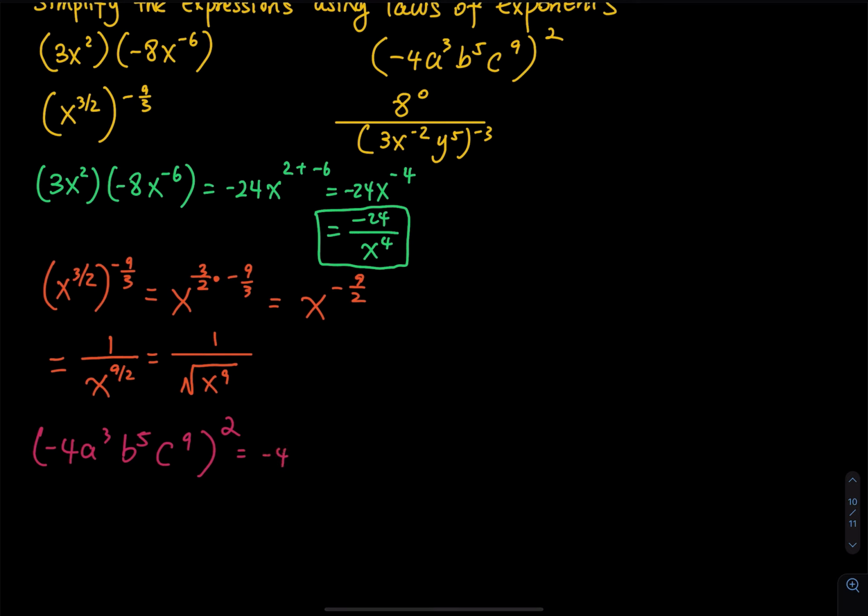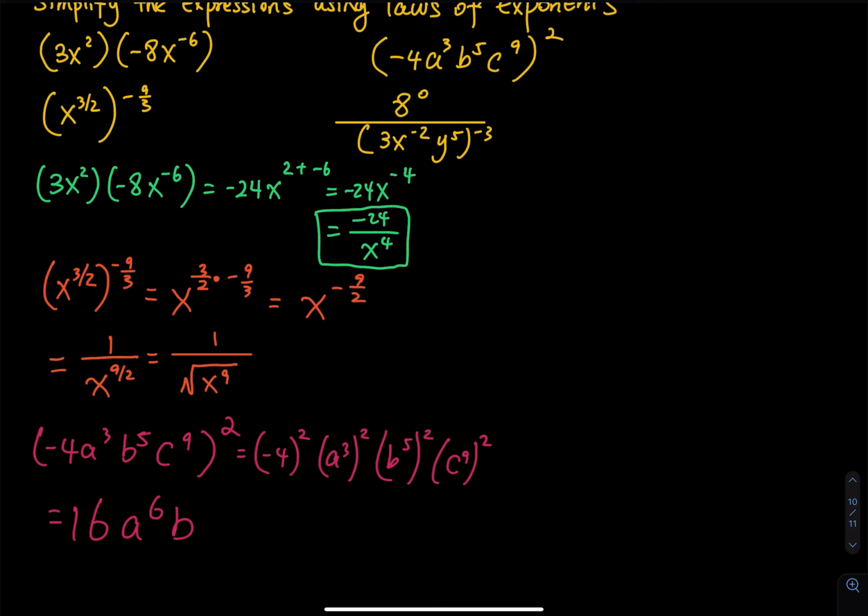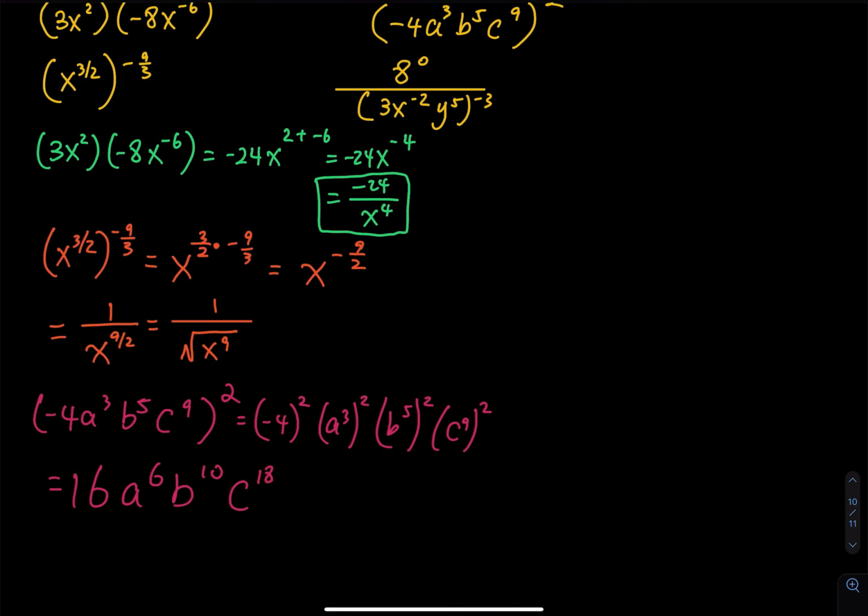So negative 4 squared, and then a to the 3rd squared, and then b to the 5th squared, and then c to the 9 squared. Negative 4 squared is equal to 16. And then for the a, you have to take 3 times 2, so that is 6. And then 5 times 2, that is equal to 10, and then c is 9 times 2, that is equal to 18. So this is your final answer.